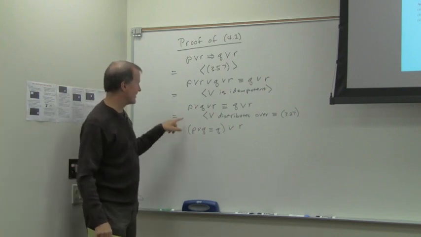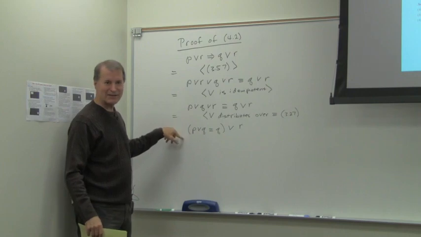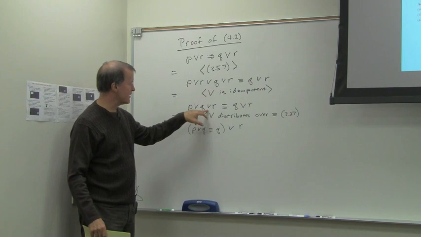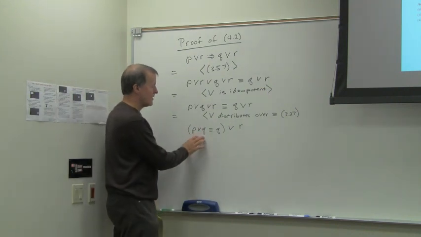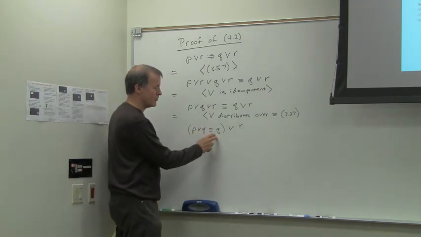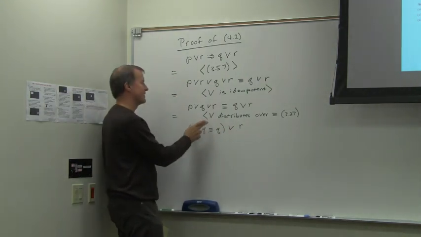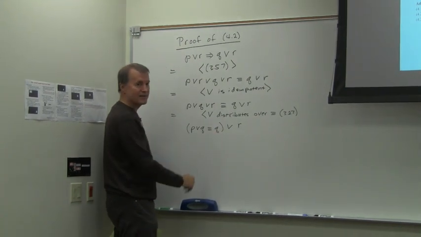Do you remember how we did that? At the end of class last time, we had this really tricky little step. Because disjunction distributes over equivales. So if you have P or R equivales Q or R, you can take this or R and put it here, and then you can take the or R and put it here.